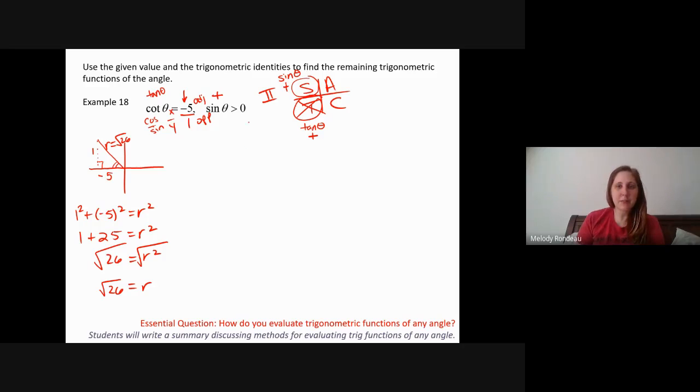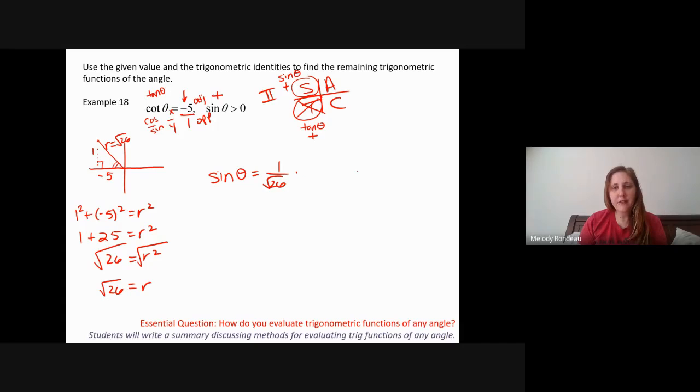And I am supposed to be finding the remaining trig functions. So the only one we were given is cotangent, which means basically all the others. Starting with sine, that would be opposite over hypotenuse, y over r. Several ways to think about that. So that should be 1 over root 26.